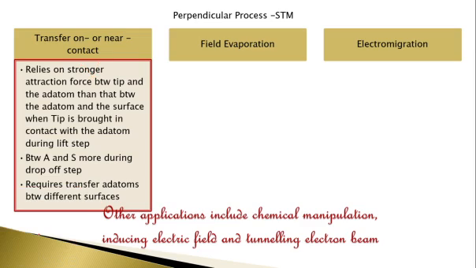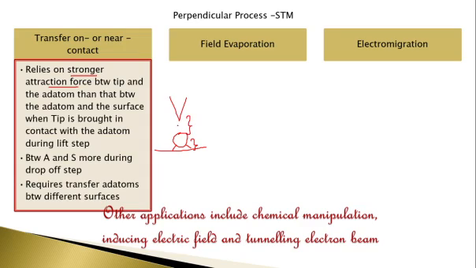In the first method, it relies on a stronger attractive force between the tip and the adatom than between the adatom and the surface when the tip is brought in contact with the adatom. So if the tip and the atom are closer, then what happens? The force of attraction between the surface and the adatom and between the tip and the adatom will differ.